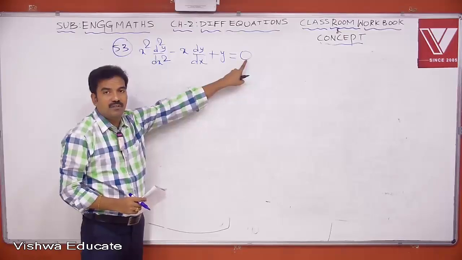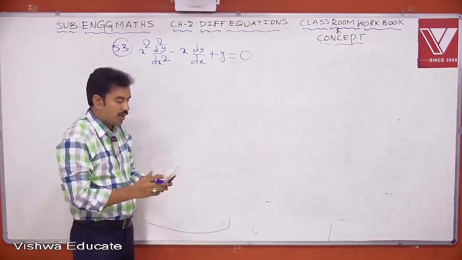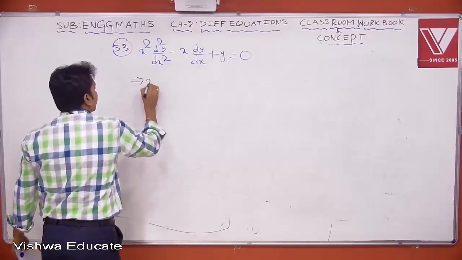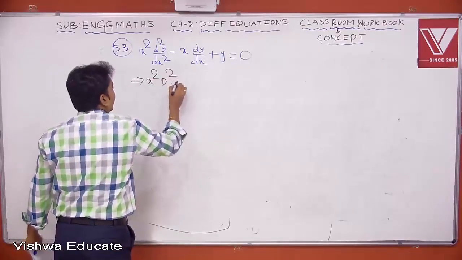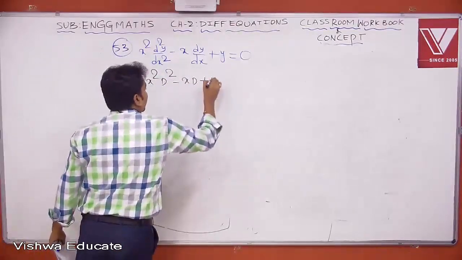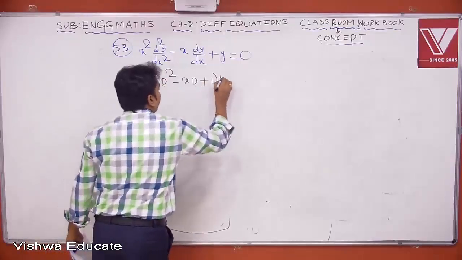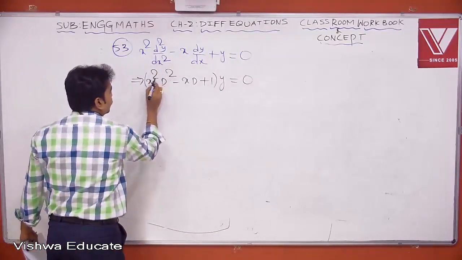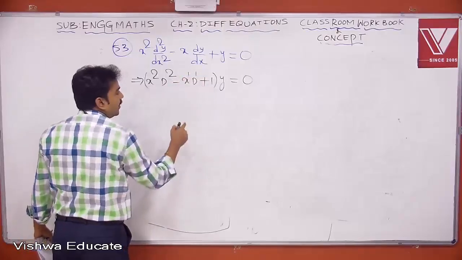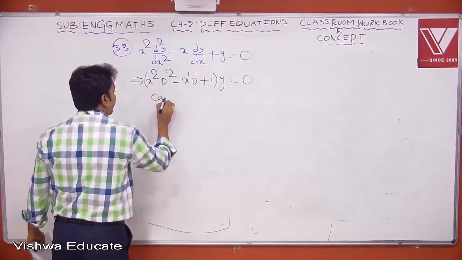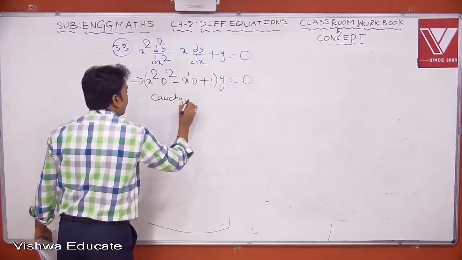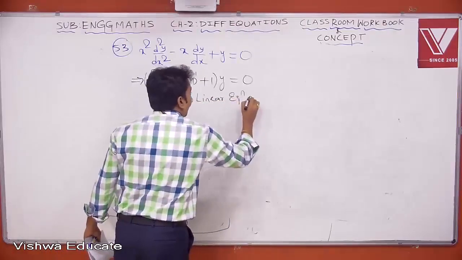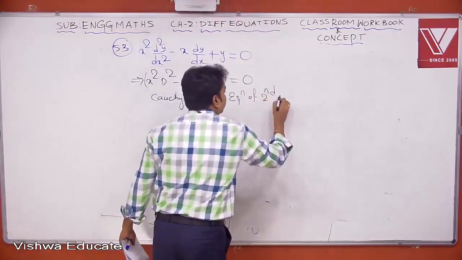Its general solution will be y equal to yc only. This equation can be written as x square d square minus xd plus 1 of y equal to 0. Here the powers of x and the powers of d are the same: 2, 2, and here the powers are 1. So it is a Cauchy's linear equation of second order.